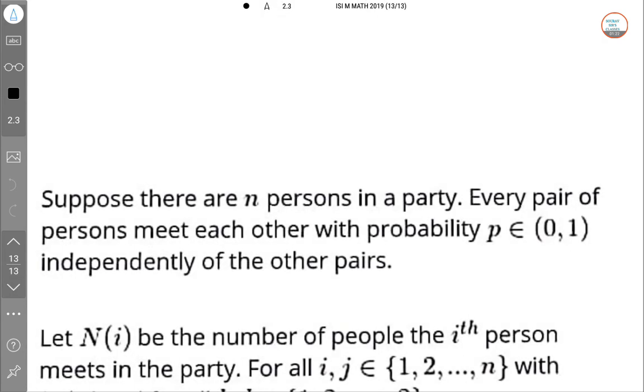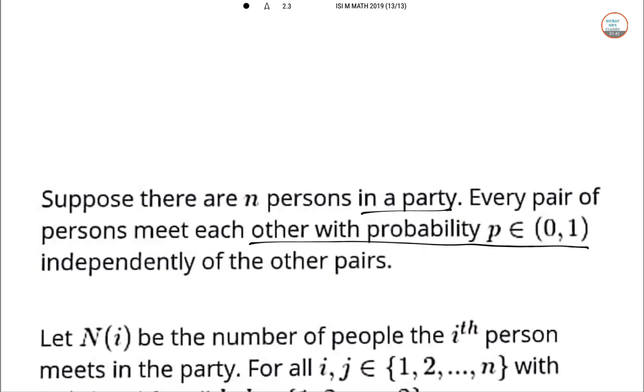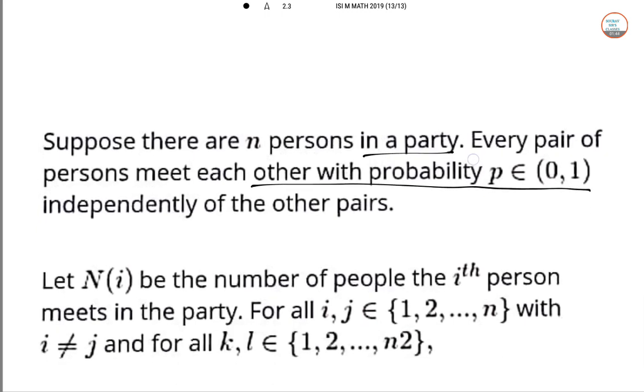Last question. This is about probability. Suppose that n persons are in a party. Every pair of persons meet each other with probability p, which lies between 0 and 1, independent of the other pairs.